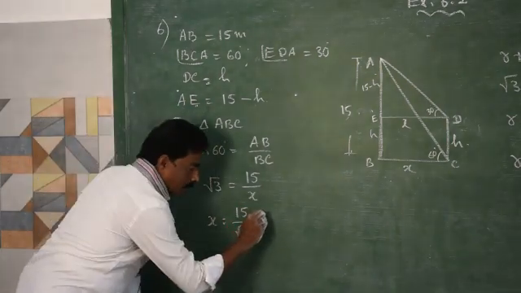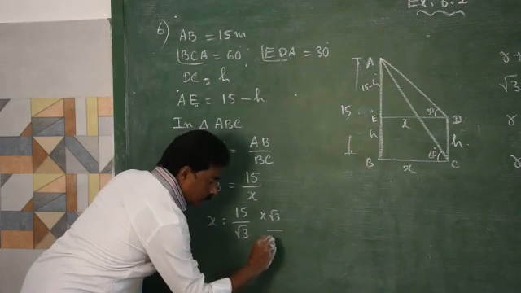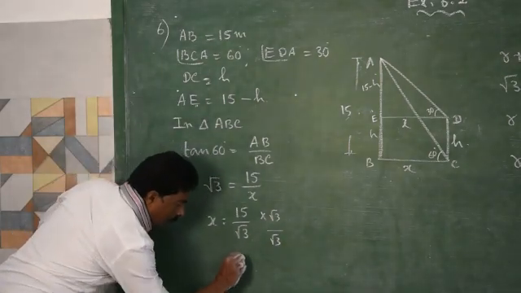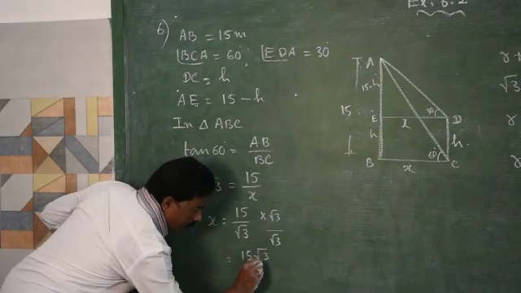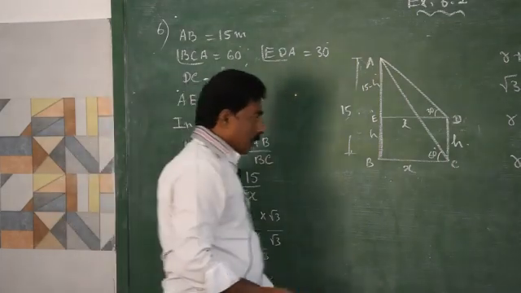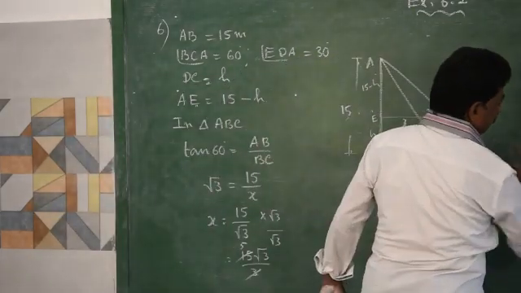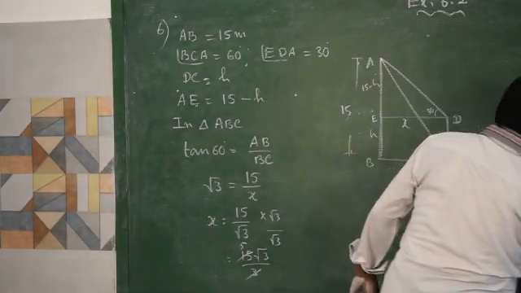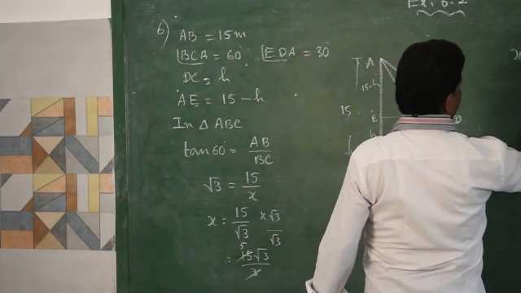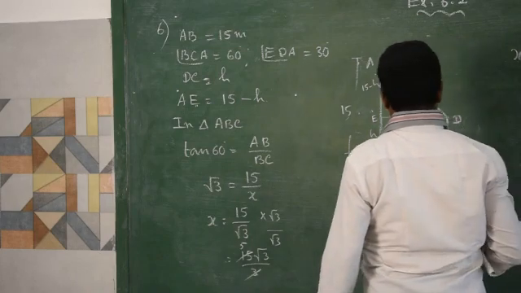Multiply both sides by root 3. So you will get 15 root 3 by 3. 3 and 15, 5 times. So X is equal to 5 root 3. What you have to find?